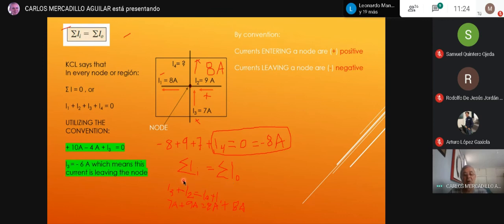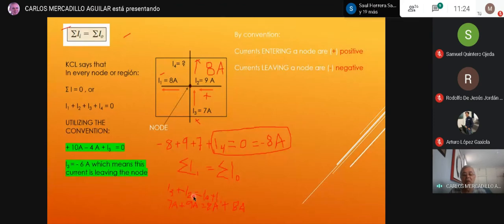So, which are the incoming currents? They are I3 and I2, which we put as I3 plus I2. That will be equal to the outgoing currents.